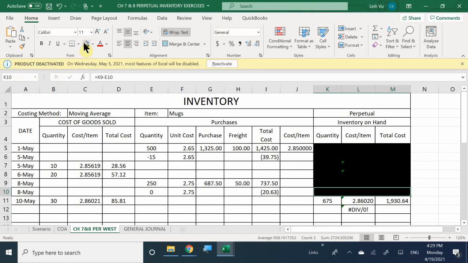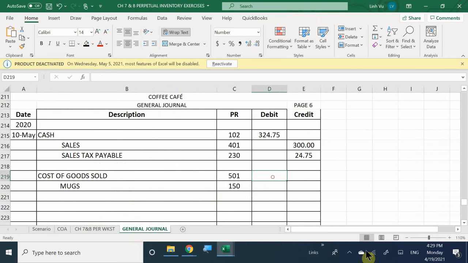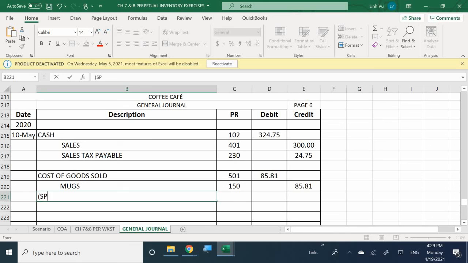Okay. So here's the information that we needed, the 85.81. So let's plug that into my journal. 85.81. Okay. And of course, we're also going to plug in that we sold 30 mugs.